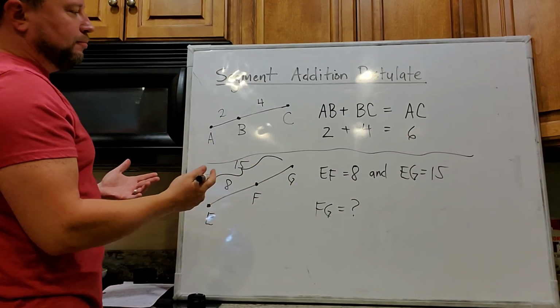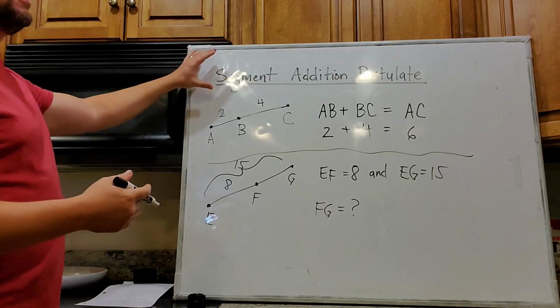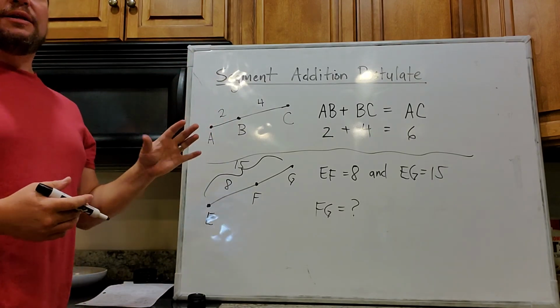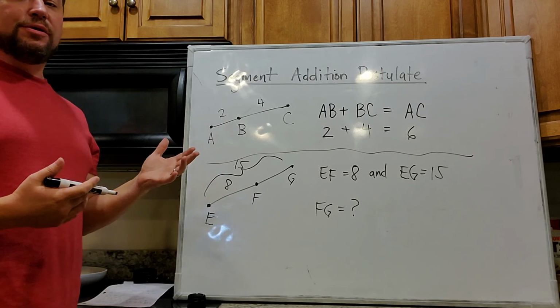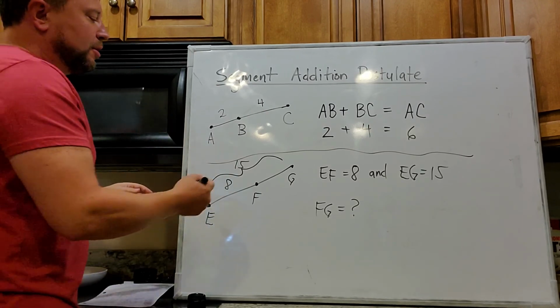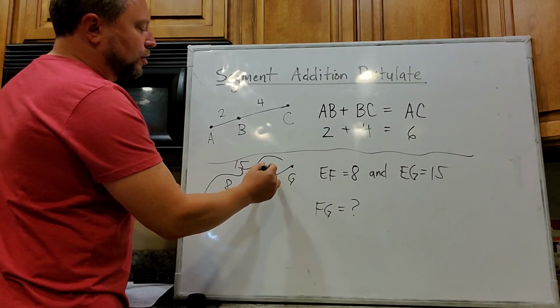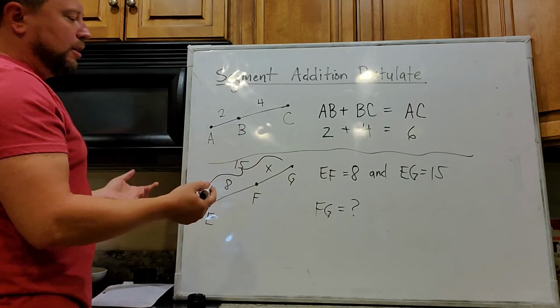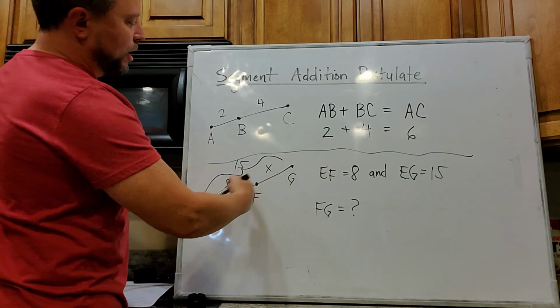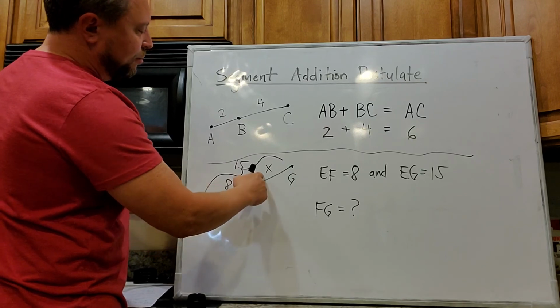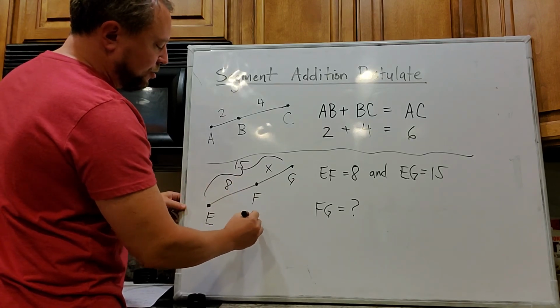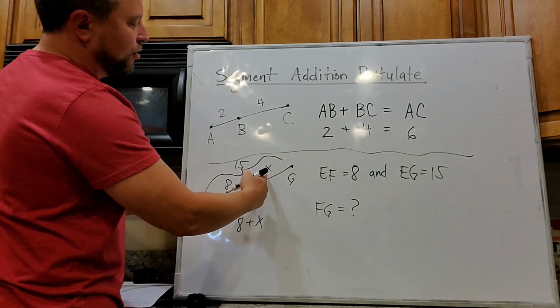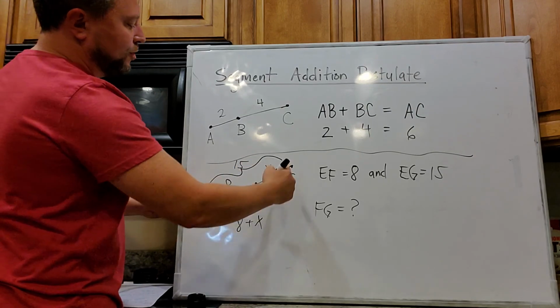Well, we're going to use the idea of the segment addition postulate here, but technically instead of adding, we're going to be doing some subtracting, because for right now, for example, I could call this X right here, and then I want you to see then that in my picture, this 8 plus that x, when we add them together, should equal the grand total of 15.